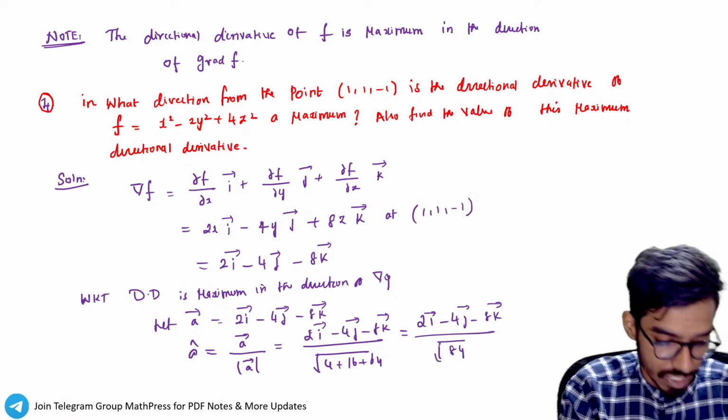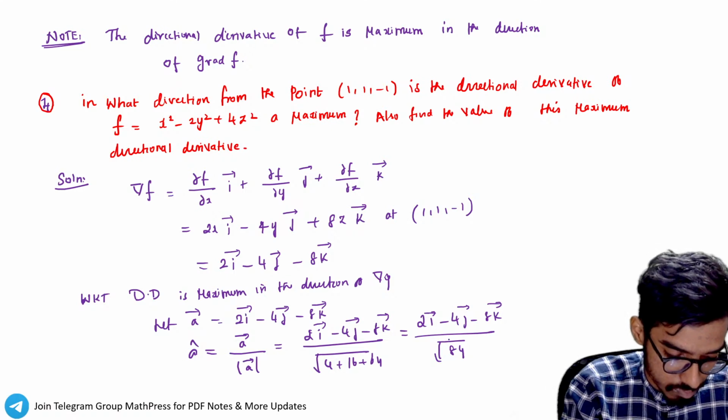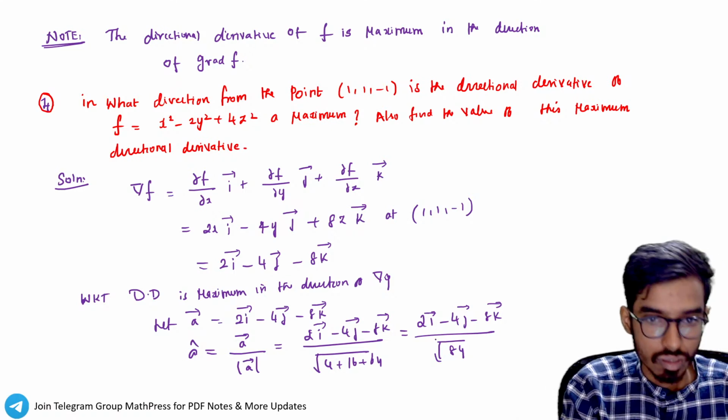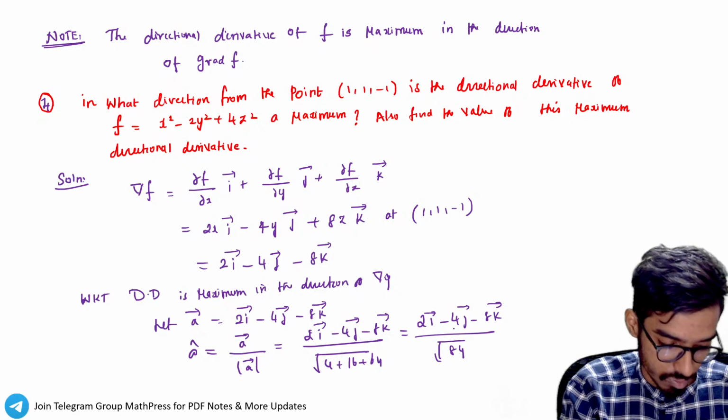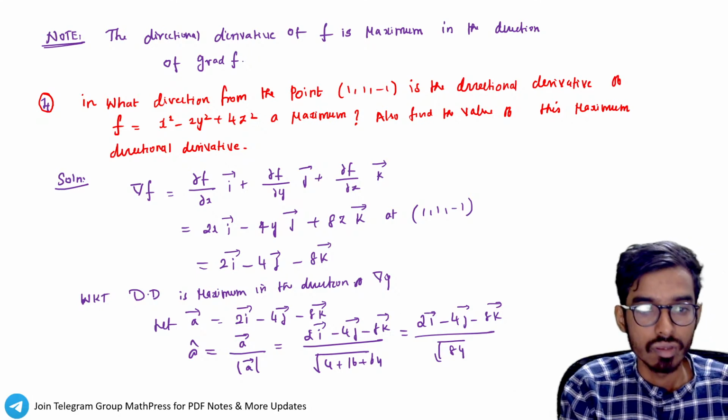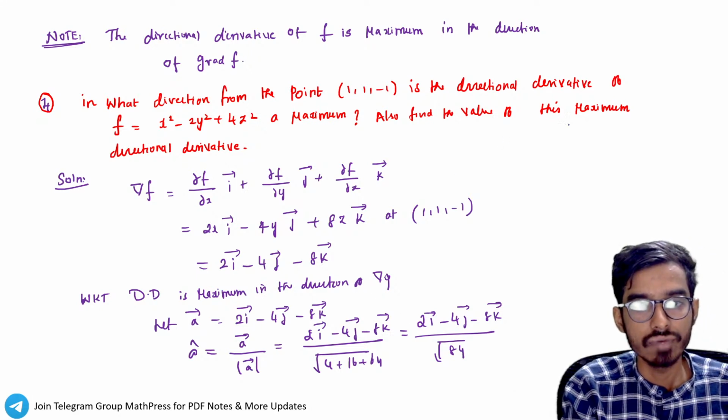This will be root 84, right? Now you also find the value of this maximum directional derivative. In what direction is the directional derivative maximum? Also find the value of this maximum directional derivative.